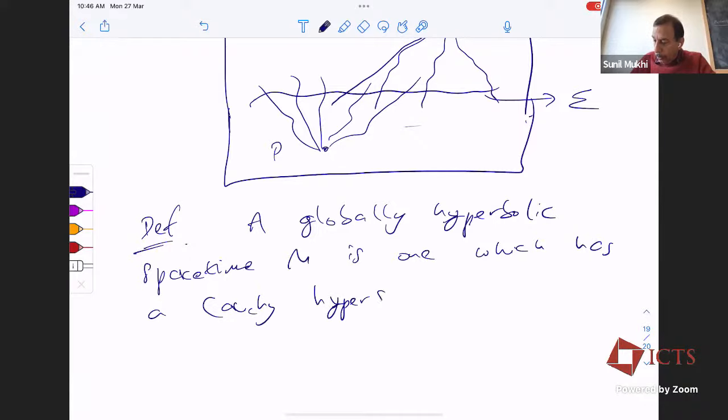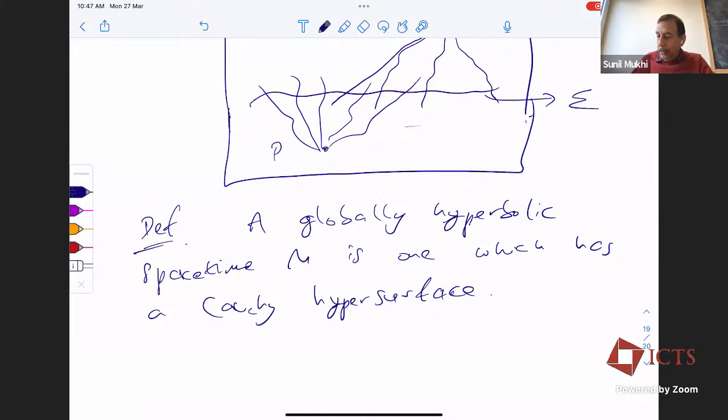So if you can find even one Cauchy hypersurface, you call the space-time globally hyperbolic. Now it may look like just asking for one Cauchy hypersurface is too little, but as we'll see in a few minutes, if you have one, you have infinitely many. So it can be proved. One is enough to require, and then you get more.